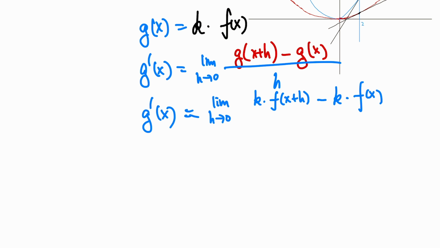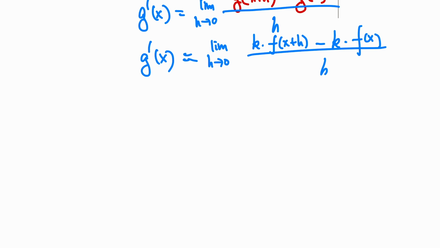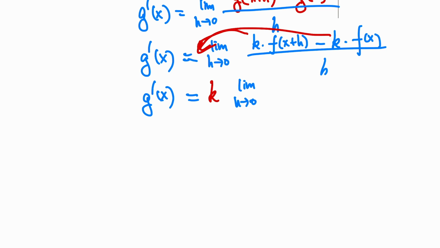That would just be g of x, using the property of limits, which I assume you know because this is derivatives and you should have learned limits before this. So as h approaches 0, if we take out the k in front of the limit, then we get f of x plus h minus f of x over h.